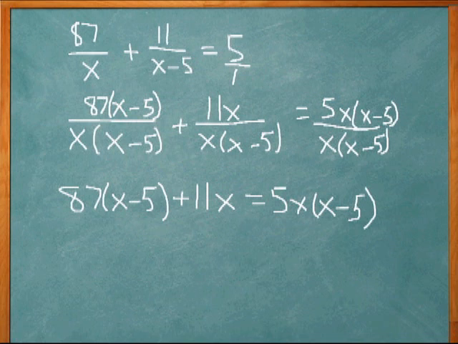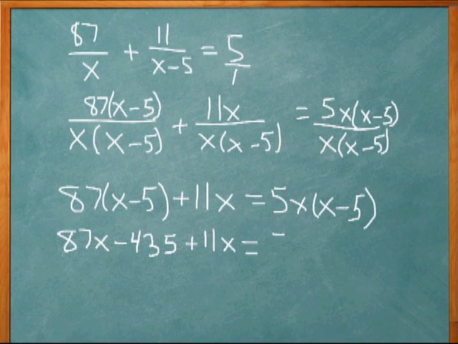Alright, so we have one equation here with one variable. We're going to solve for x. So let's multiply this out. 87x minus 435 plus 11x equals 5x squared minus 25x.